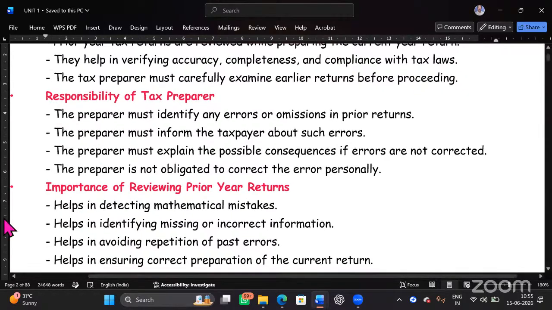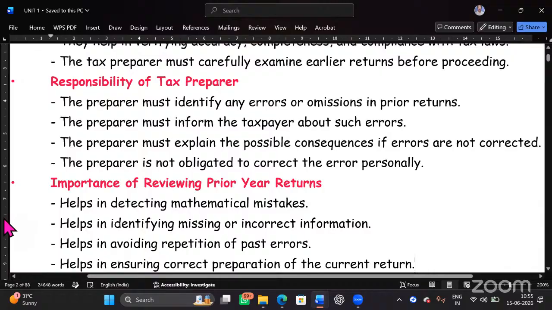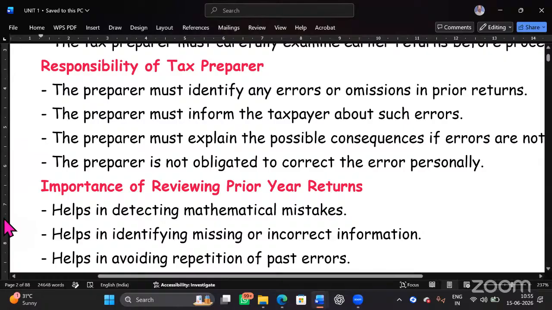So the preparer's responsibility is to identify the error from the last year return, communicate that error information to the taxpayer, and ask the taxpayer to rectify it. Very, very important point: the preparer is not obligated to correct that error. It is the responsibility of the taxpayer.